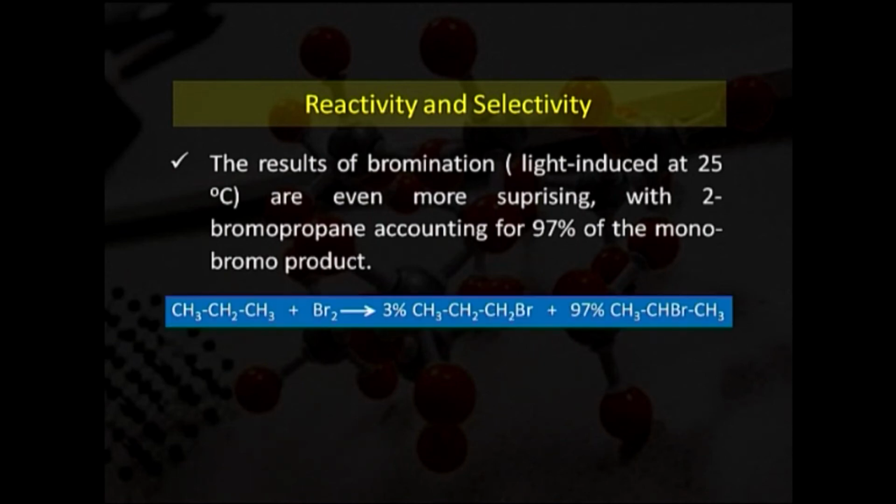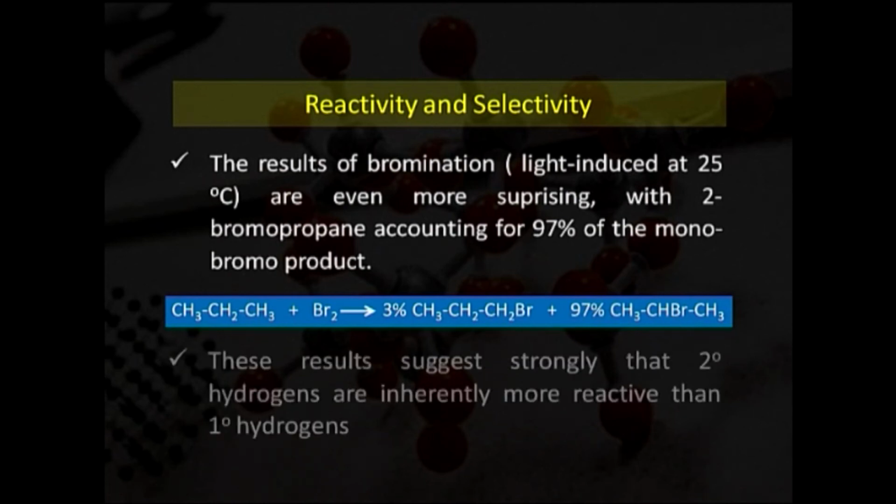Here in this reaction, we are seeing that when CH3CH2CH3 reacts with the bromine molecule, we get only 3% of 1-bromopropane and a huge amount, 97%, of 2-bromopropane. So, it is also due to the reactivity and selectivity process of alkanes. These results suggest strongly that secondary hydrogens are inherently more reactive than primary hydrogens.